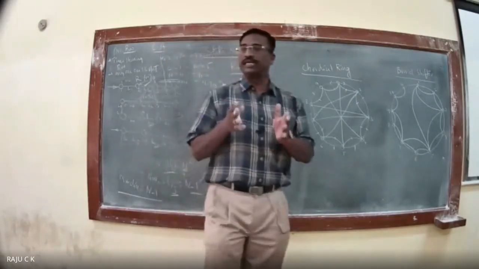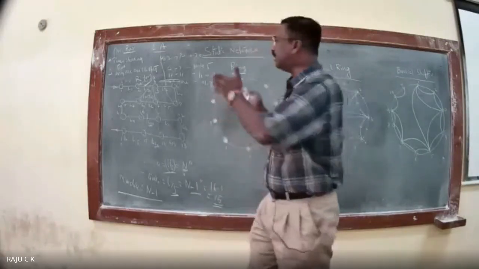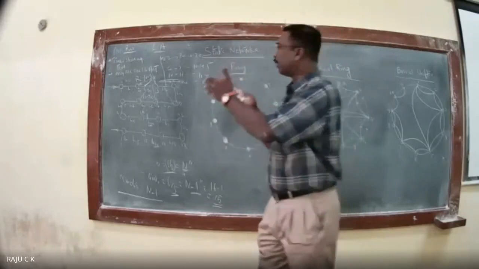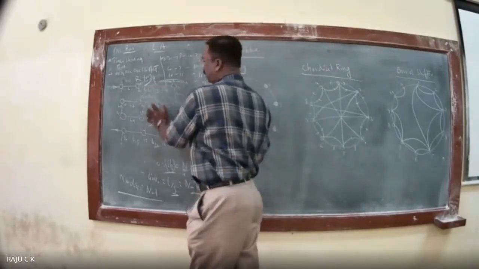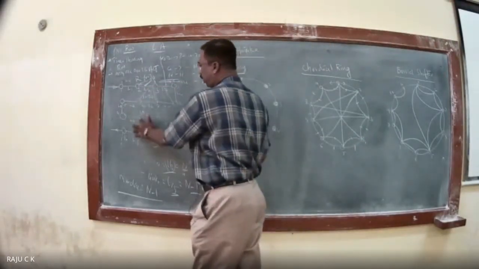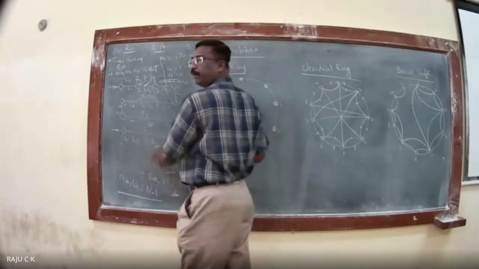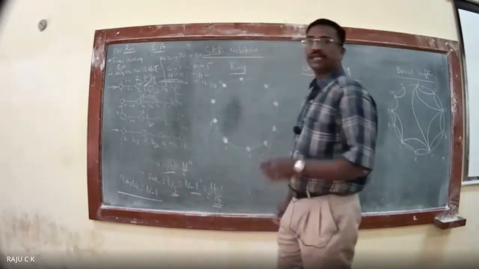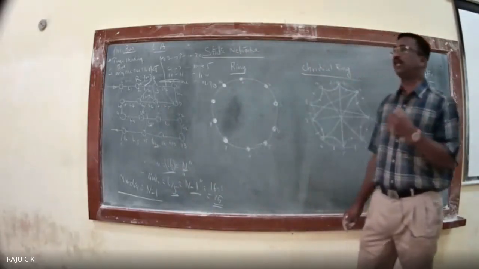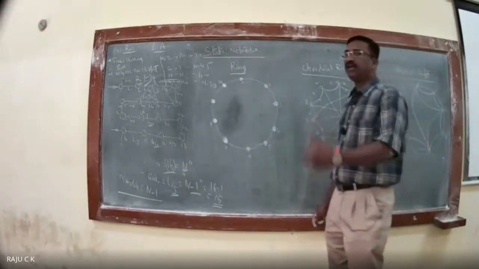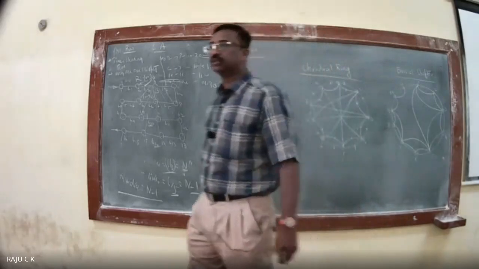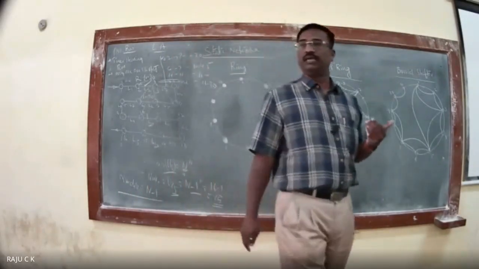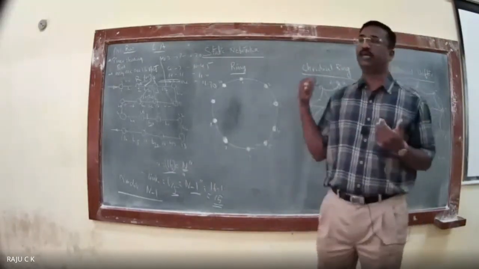In the linear array, communication takes place between this point and this point, and this point to this point. For that reason, concurrent communication between the nodes is possible in an array, but this mechanism is not possible in a bus environment.